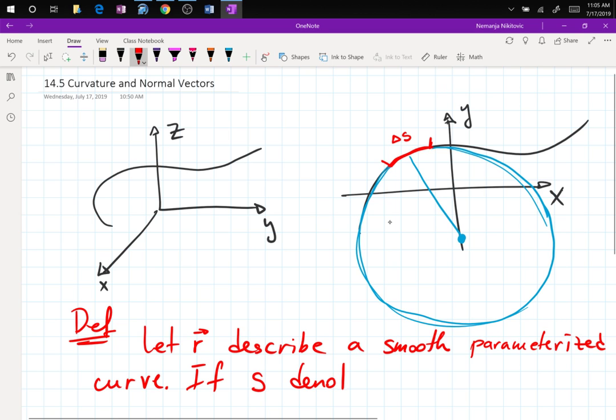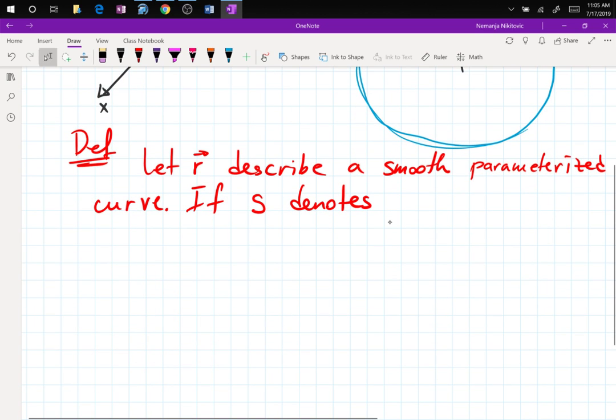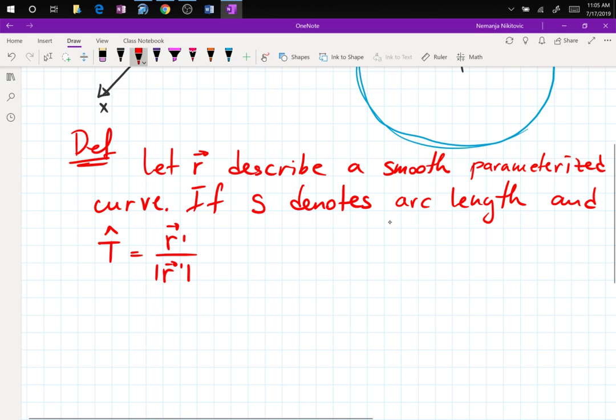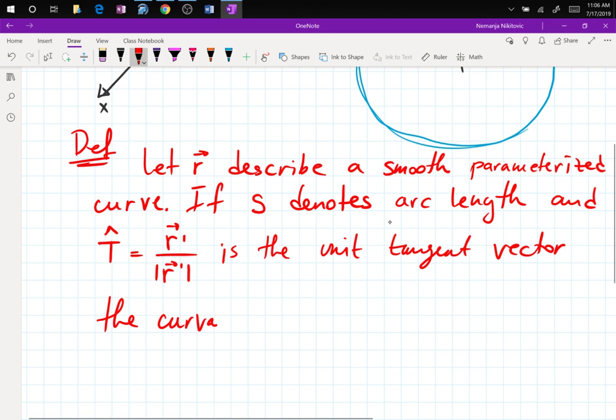If S denotes arc length, and T hat, we have to talk about this creature, is R prime divided by the magnitude of R prime, the unit tangent vector, the curvature, this lowercase k of S, is given by the magnitude of the change in the unit vector T with respect to S. It's a magnitude of a vector, so it's going to end up being a number, a scalar.